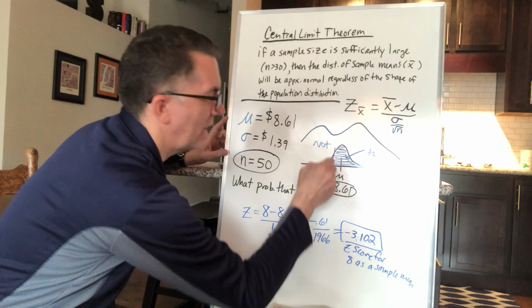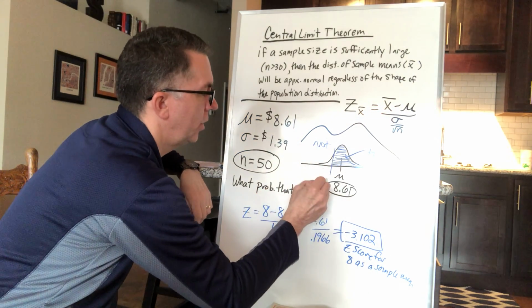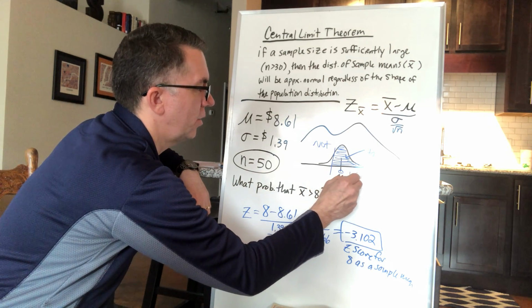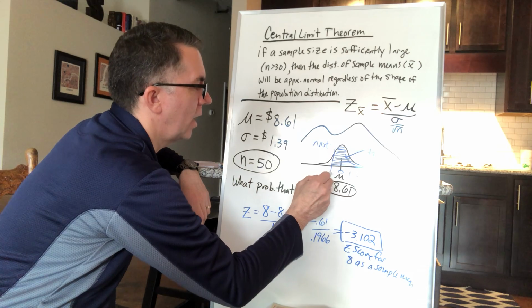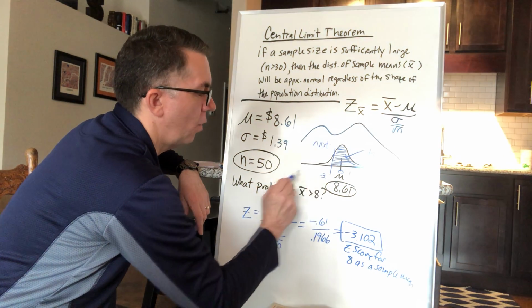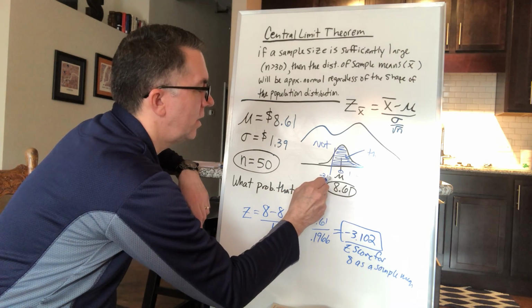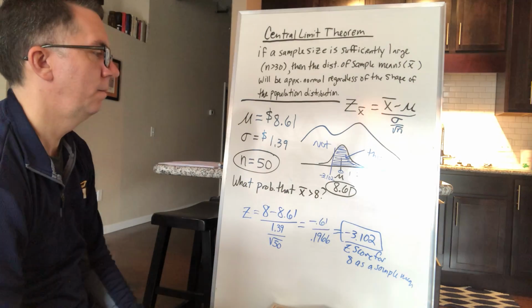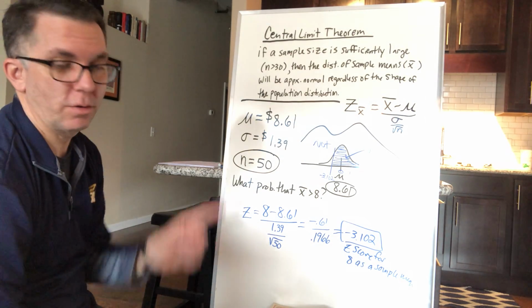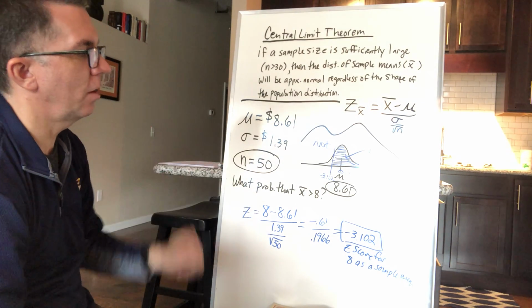In other words, for that little graph, all right? So with z-score, the center is always 0, and positive 1, positive 2, positive 3, negative 1, negative 2, this is way out there, negative 3.102, okay?